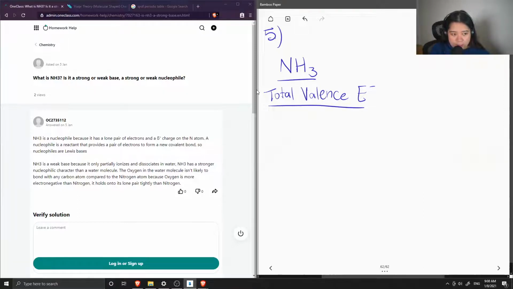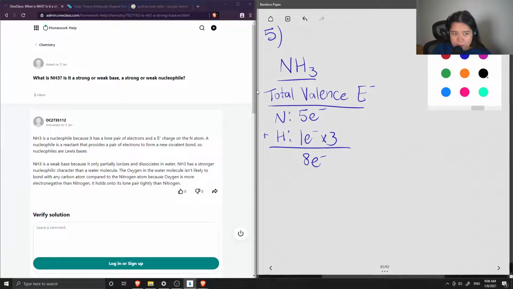So for nitrogen, the nitrogen atom has 5 valence electrons, and in the case of a hydrogen atom, there is 1 valence electron, but we have 3 hydrogen atoms, so we multiply this by 3, and we get a total number of 8 valence electrons.